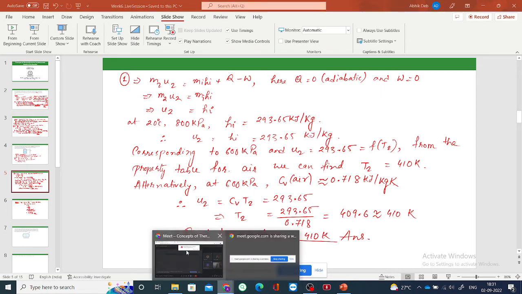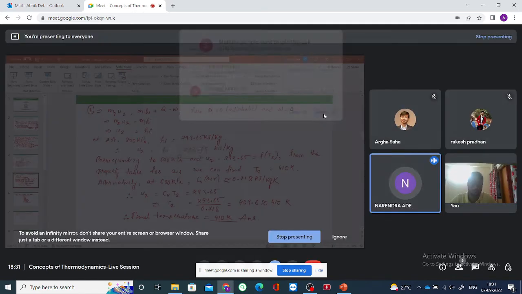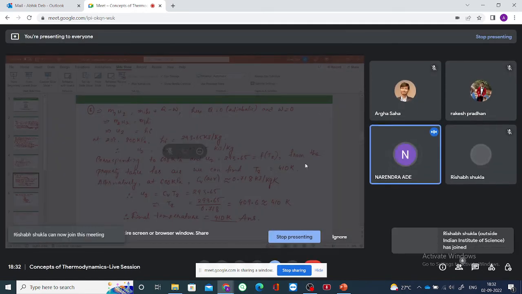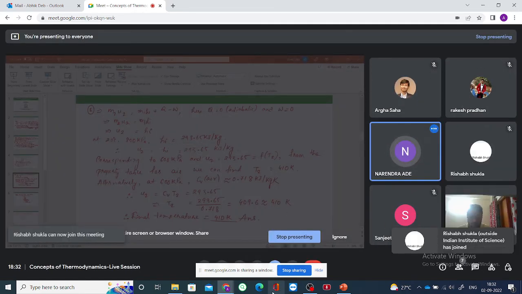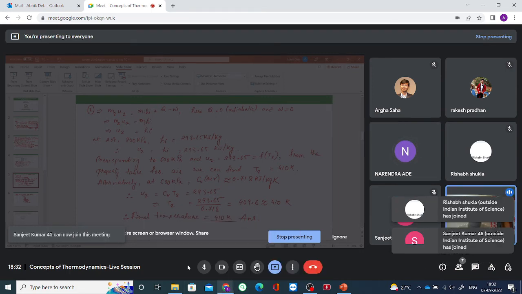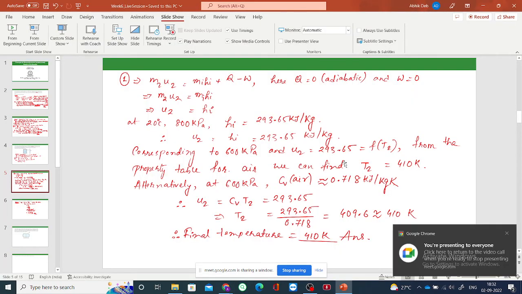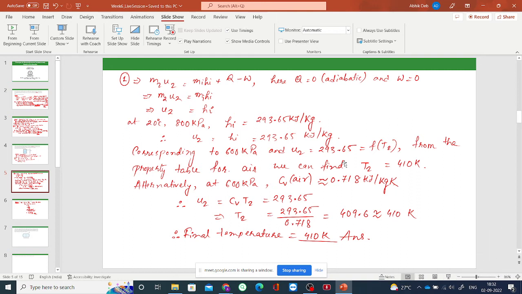Sir, if this question is in an examination, then you will suggest to use the property table or calculate by formula? If in the examination you are supposed to calculate it from the property table, then you will be given the property table, or you will be asked to bring the property table.